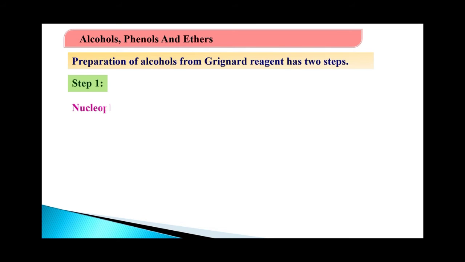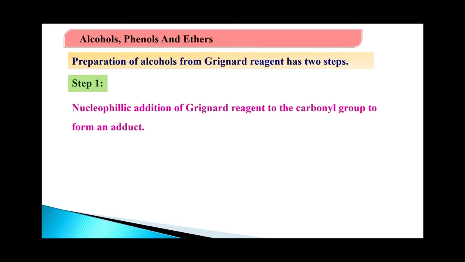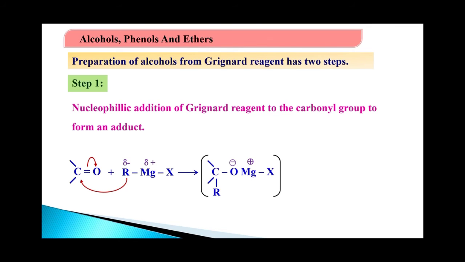In the first step, nucleophilic addition of Grignard's reagent to the carbonyl carbon will give rise to an adduct. Adduct means any compound formed by addition reaction of two reagents without elimination of any byproduct. That means all the atoms present in both the reactants will be seen in the product. Now in the first given example, R C double bond O R dash, we have added the RMgX, that is Grignard's reagent.